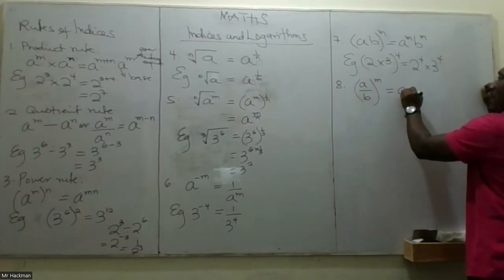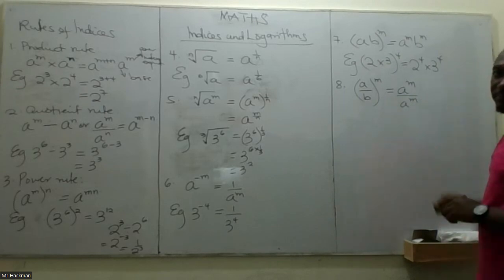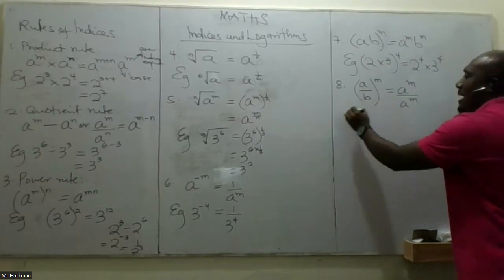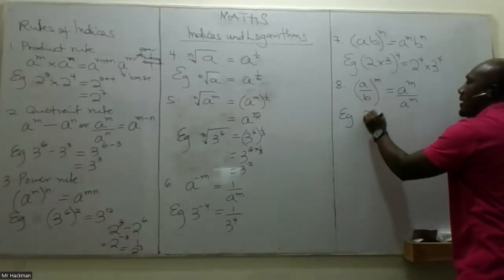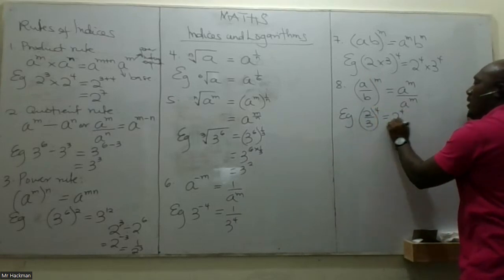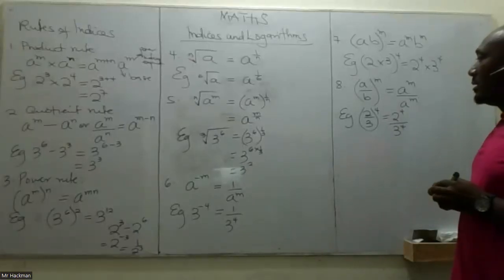Your numerator to the power m over your denominator also to the power m. Yes, please. For example, if I have 2 over 3 all to the power 4, this will give me 2 to the power 4 over 3 to the power 4.